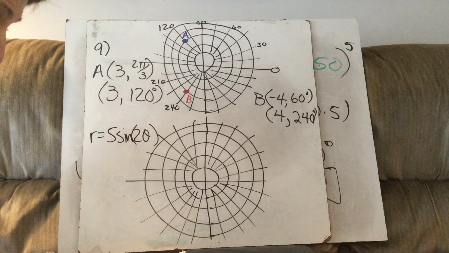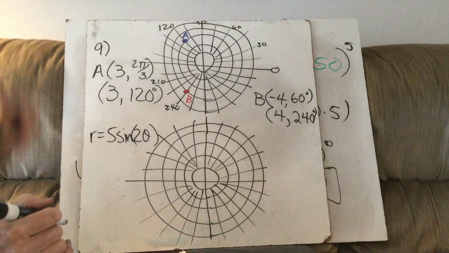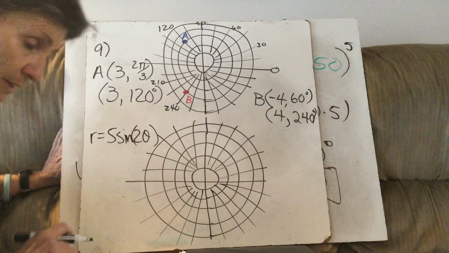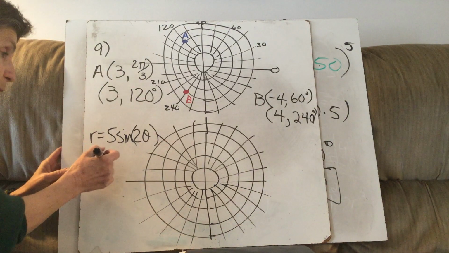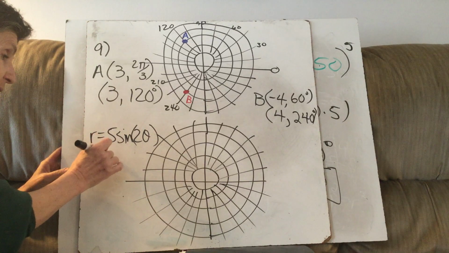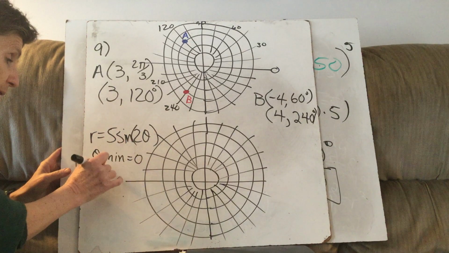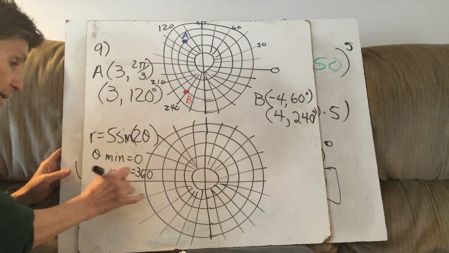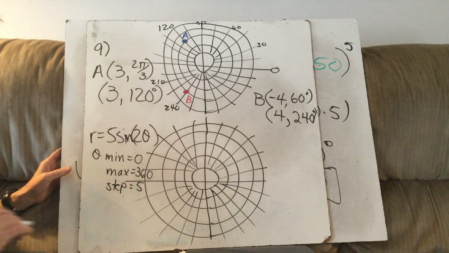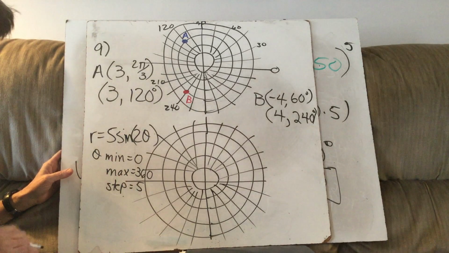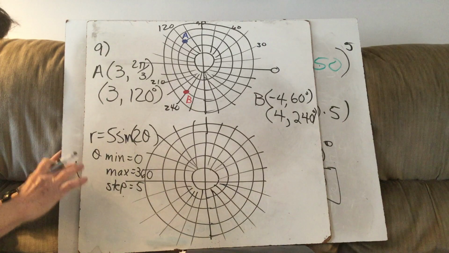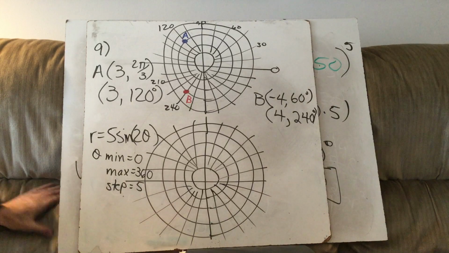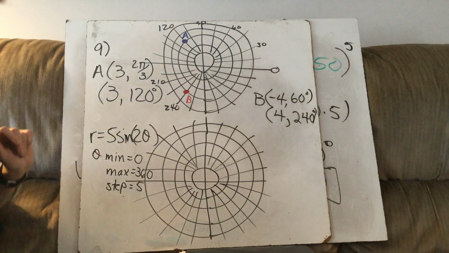Make sure you're in degrees, which hopefully you have been, or a lot of these problems would be wrong. And now we're going to go to window, and we're going to have our window set with theta min at 0, and theta max at 360, and theta step at 5. Please don't change that. If I want you to change it, I will give you specific instructions. But from now on, this is how I want it set. And I won't be going back through this. So make sure you get it set and go from there.